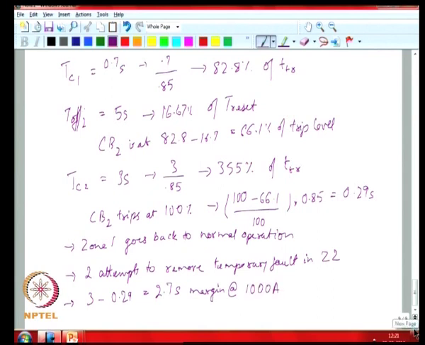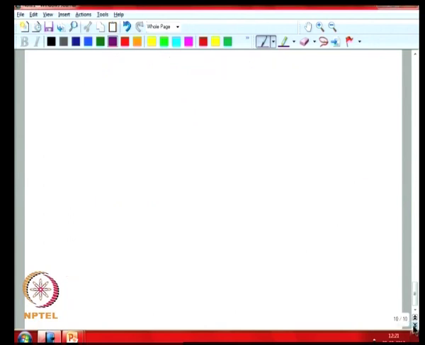So, next you could look at what happens at the lower current level, because you have to look across the whole range.